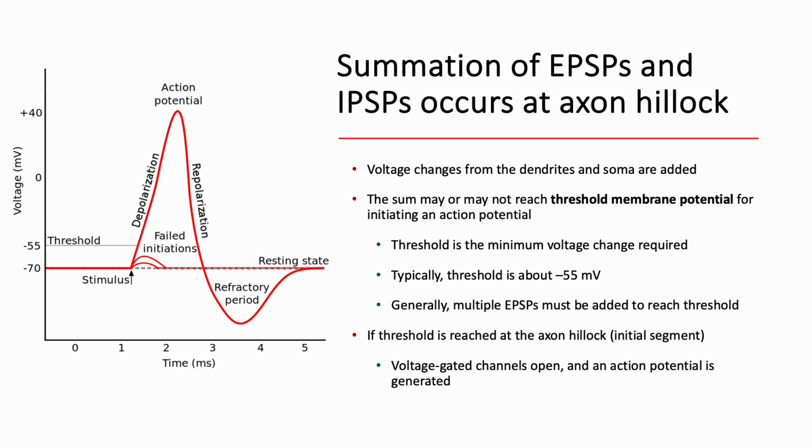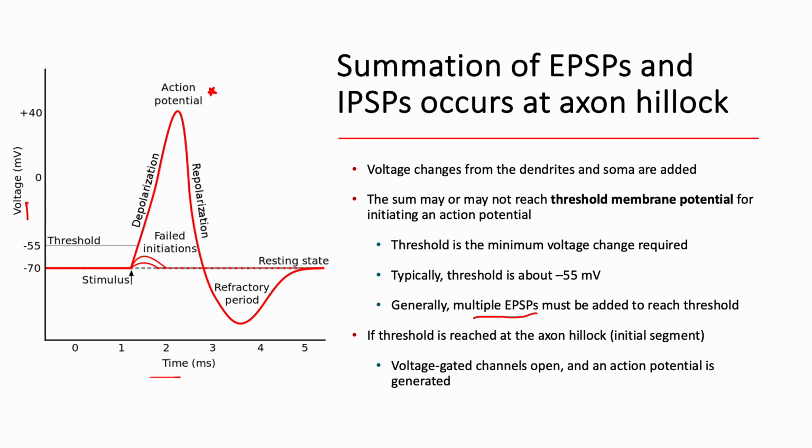Okay. In order to do this, we are going to need multiple EPSPs. Those need to reach that axon hillock together at the same time and add together to get an action potential. So if we look at this figure here, we have time on our x-axis and then our voltage in millivolts on our y.